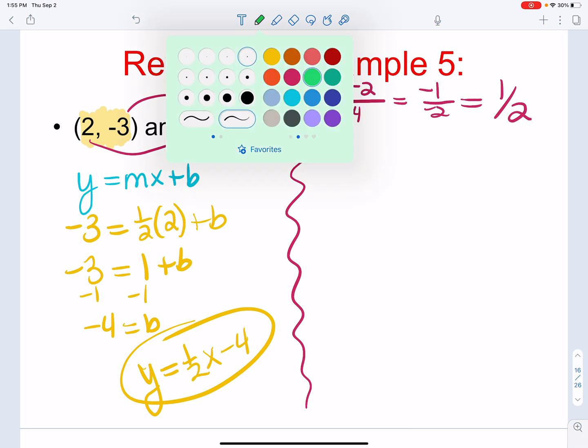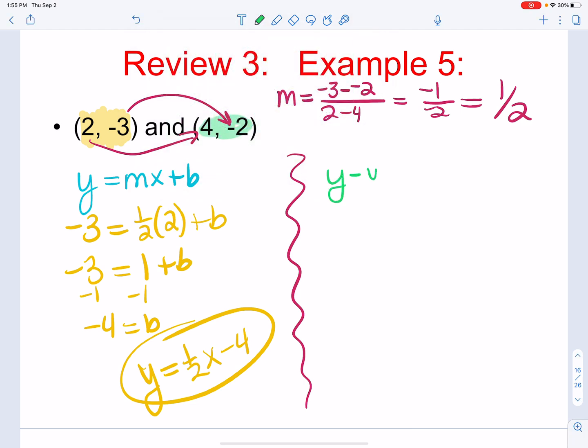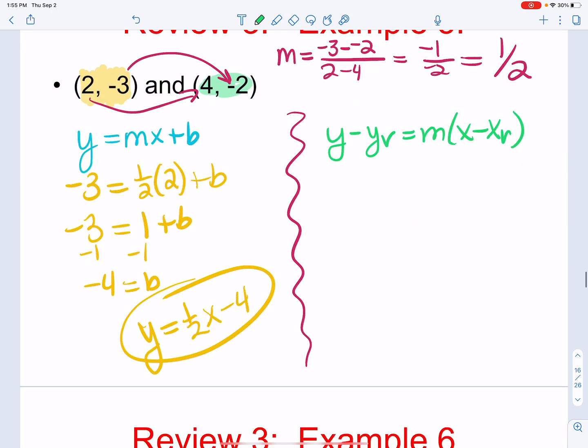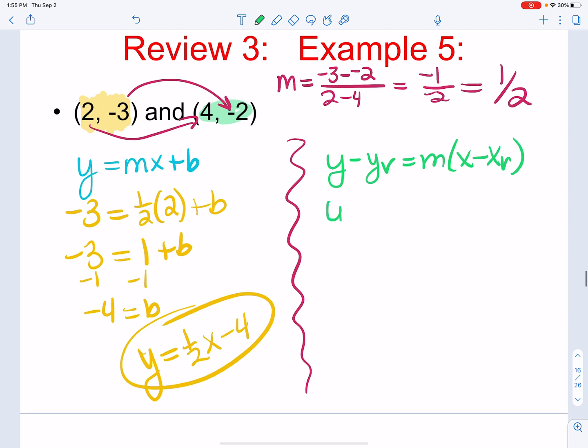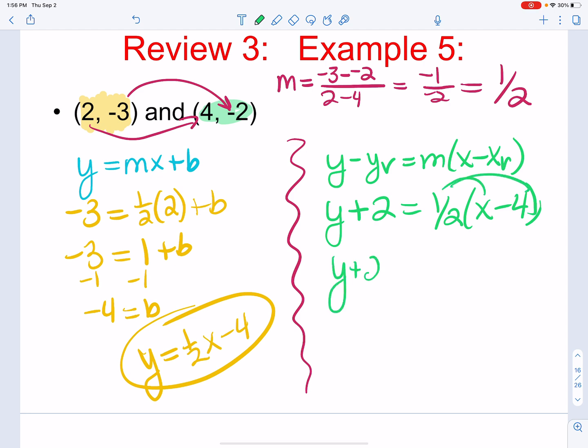Okay, but I could go back and do my y minus my y value equals m times x minus my x value. And I'm going to use the other point. So I'm going to do y minus my y value, so y plus 2, equals m, which is 1/2, times x minus 4. So you're going to multiply in by the 1/2.